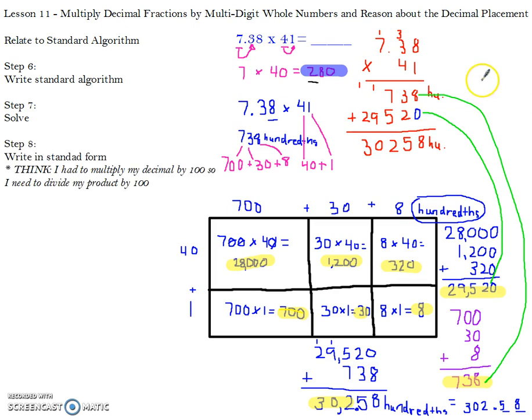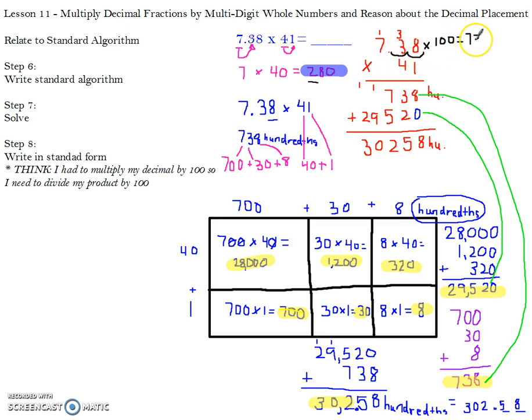So now step 8 is to write in standard form. We can do the same thing that we did down here by saying, oh, hundredths, I know that's 2 place values past my decimal and fill in from there. Or we can think about it this way. When we were thinking about 7.38, we were actually thinking about it as 738, which would mean that we multiplied this decimal by 100 in order to think about it as 738, because we just would move that decimal over here.